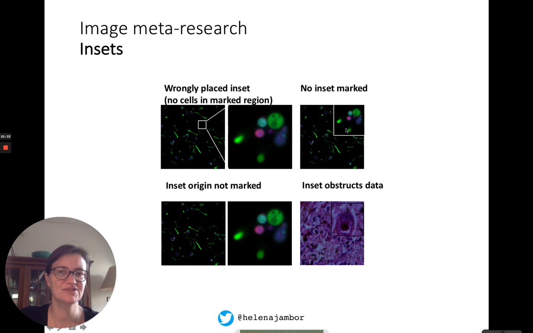Sometimes we see images where it's absolutely not even tried to indicate where an inset is coming from. Sometimes the inset obstructs the actual data, so we have insets that are sitting on top of the data and we cannot really understand anymore whether important data is maybe concealed by that.